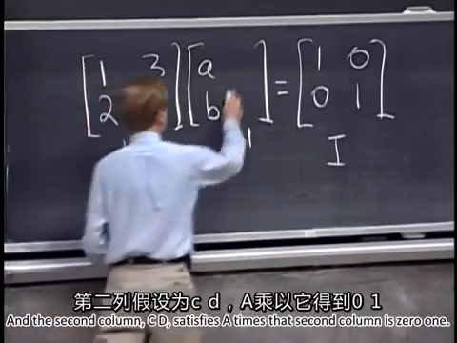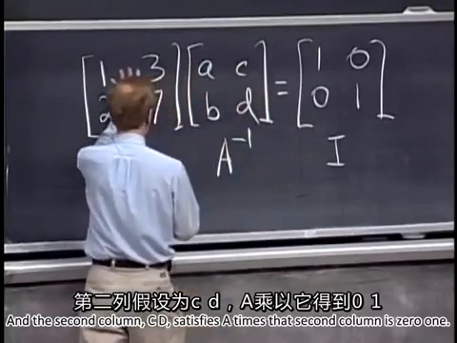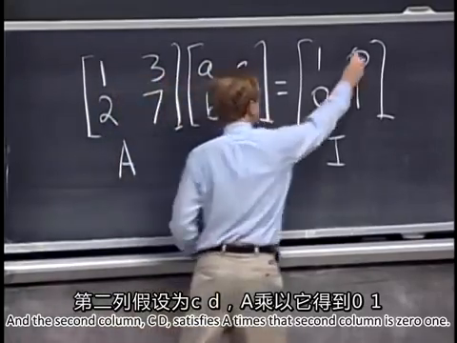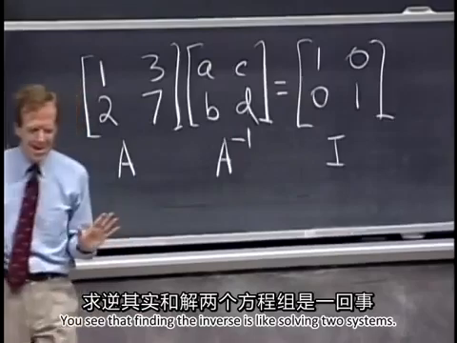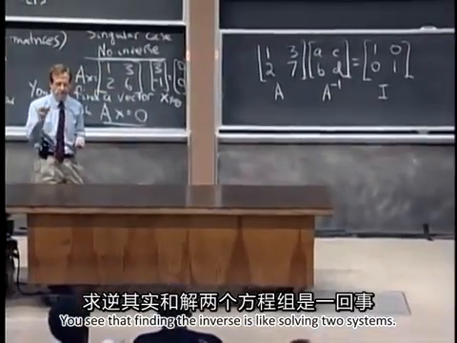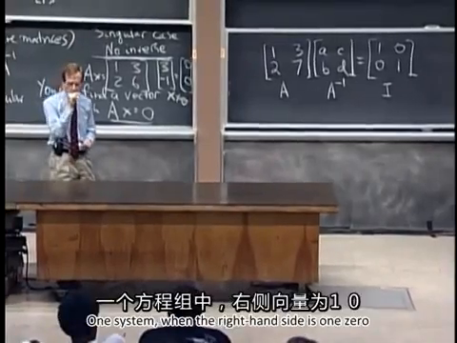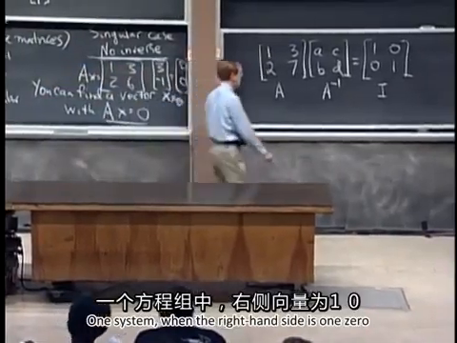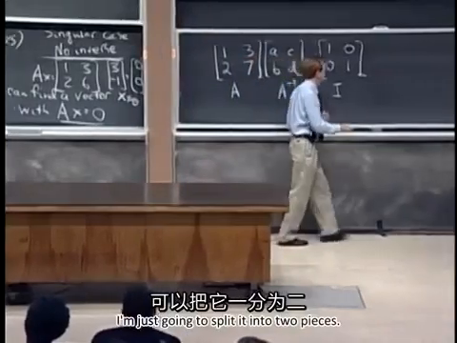And the second column, c, d, satisfies A times that second column is 0, 1. You see that finding the inverse is like solving 2 systems. One system when the right-hand side is 1, 0.